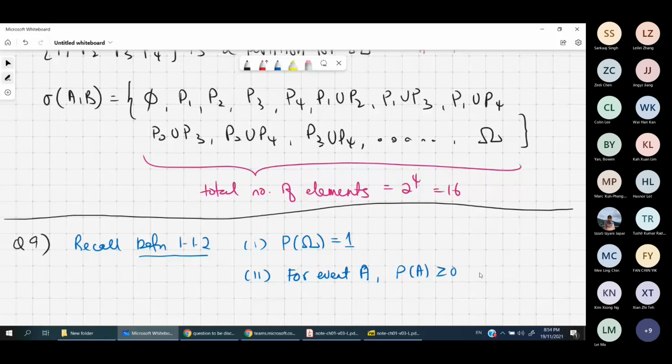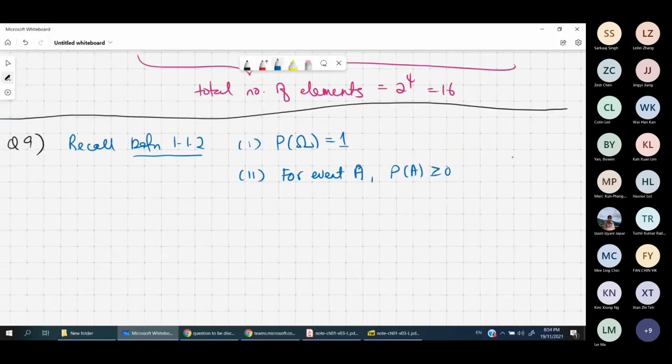Of course, number 3 will be about disjoint events. So 1, 2, and 3 here.